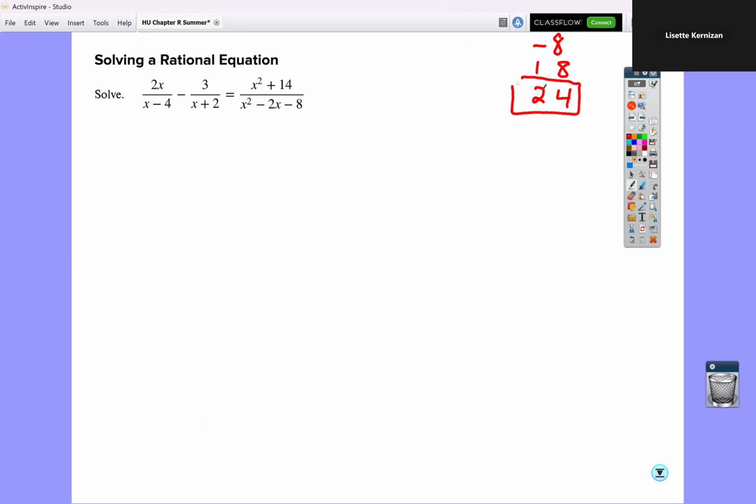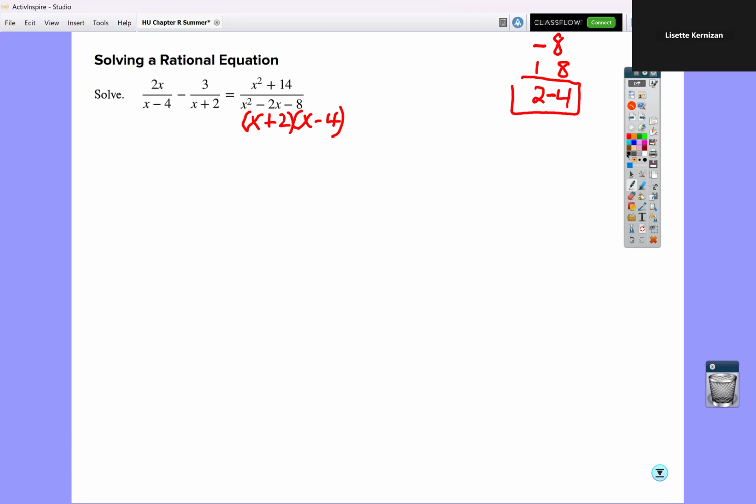I'm going to use 2 and 4, and the 4 is going to be negative. So this factors as x plus 2 and x minus 4. The first term has an x minus 4, the second one has an x plus 2, and the third one has both of them. So my common denominator is x plus 2 times x minus 4.